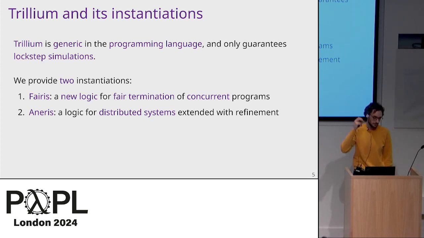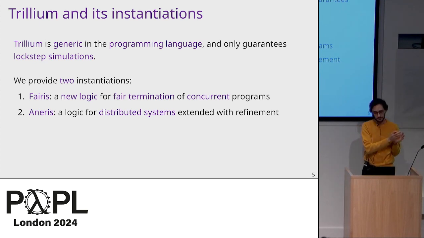So in the paper, we have 2 instantiations. One is Fairis, which I've been implicitly talking about up until now. It's a new logic, and the goal is to prove fair termination of concurrent programs. Then there's another instantiation, which is Aneris, an existing logic which was used to prove safety of distributed systems. We rebased it from the Iris program logic to the Trillium program logic.